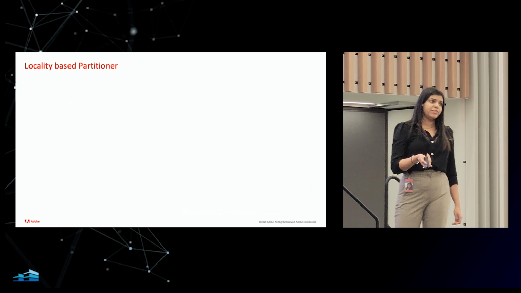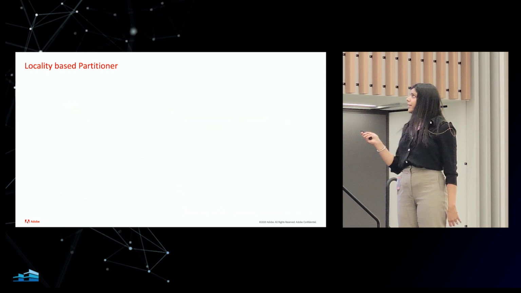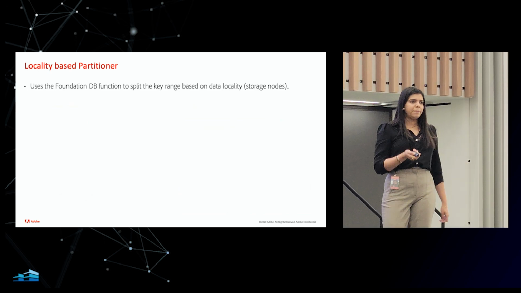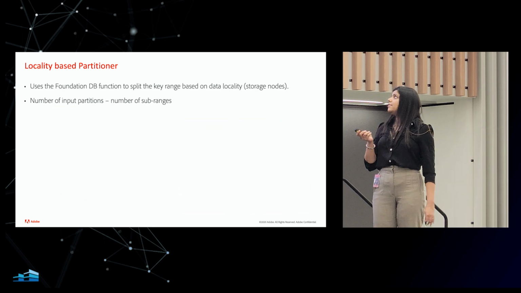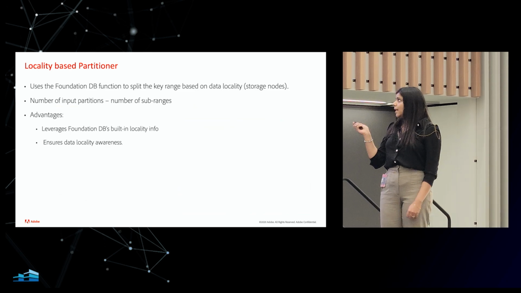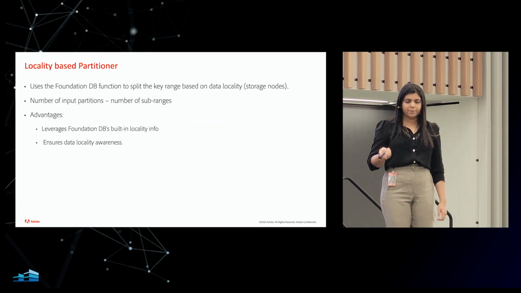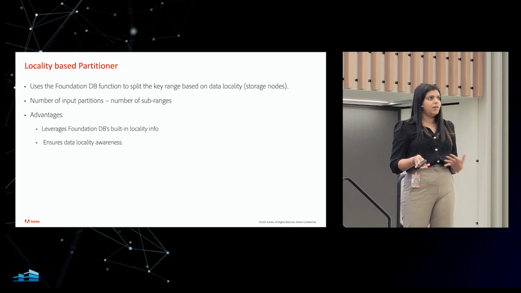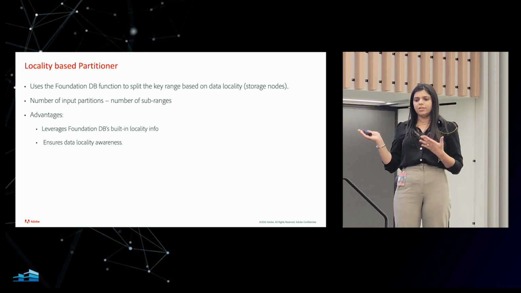Then the second one, which we use at Adobe, is the locality-based partitioner. We use the same locality util to get the boundary keys, and the boundary keys map exactly to the number of subranges. And here, the subranges that we'll get are mapping to the input partitions. Advantages, we are using the inbuilt feature of FoundationDB, which is getting the locality info.